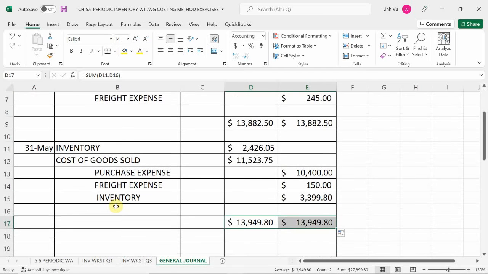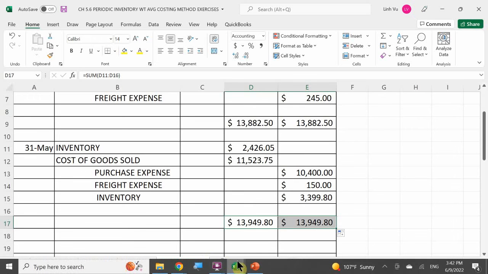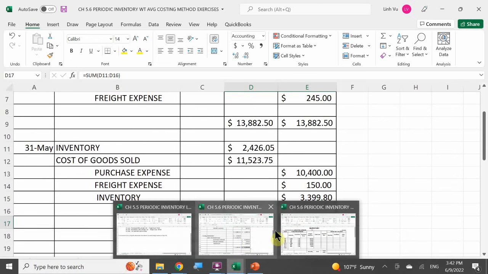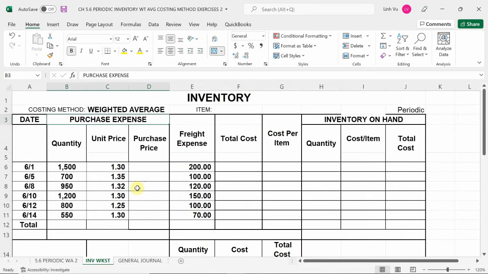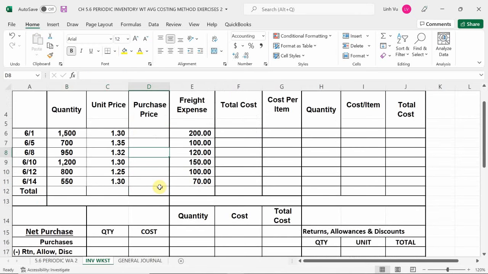All right. Good job. So let's go ahead and practice one last problem here, just so we can get it out of the way. Again, if on June 1st I purchased 1,500 units at $1.30, what is my total purchase price?